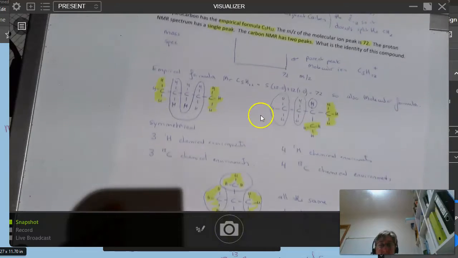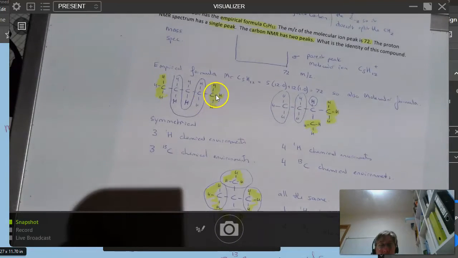So we're looking for one with a single peak. If we take one off the end and put it on one of the ones in the middle, it doesn't matter if we put it on here or here, it'll be the same molecule. Then, so it's branched, these CH3s are in the same environment as each other. If you've got two CH3s attached to a carbon, then they're both equivalent to each other.